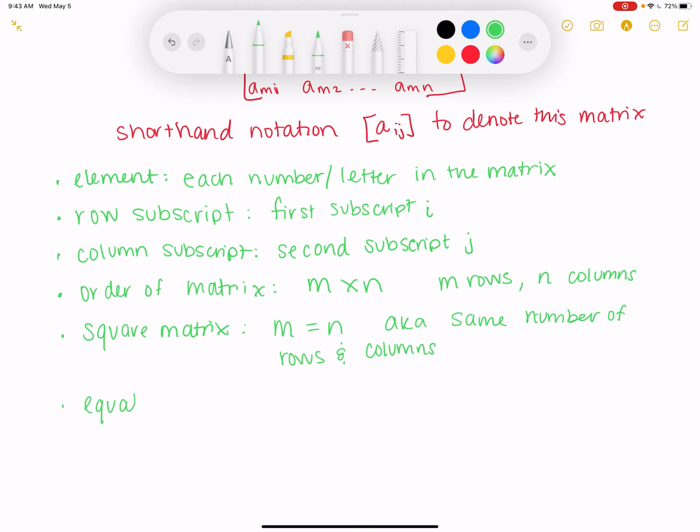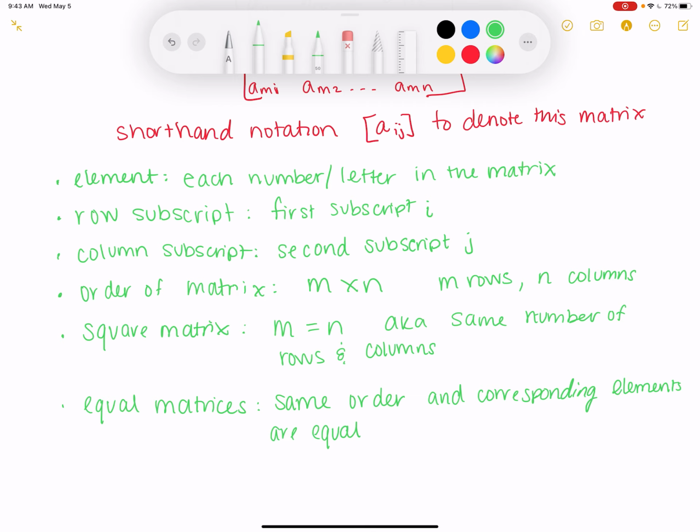Then equal matrices: same order and corresponding elements are equal. By that, I mean the two different matrices have the same number of rows and columns.